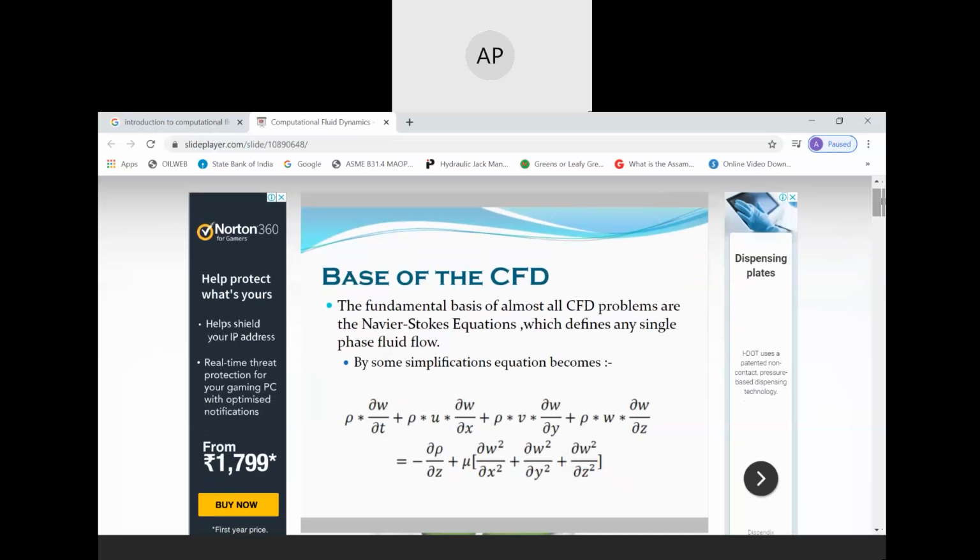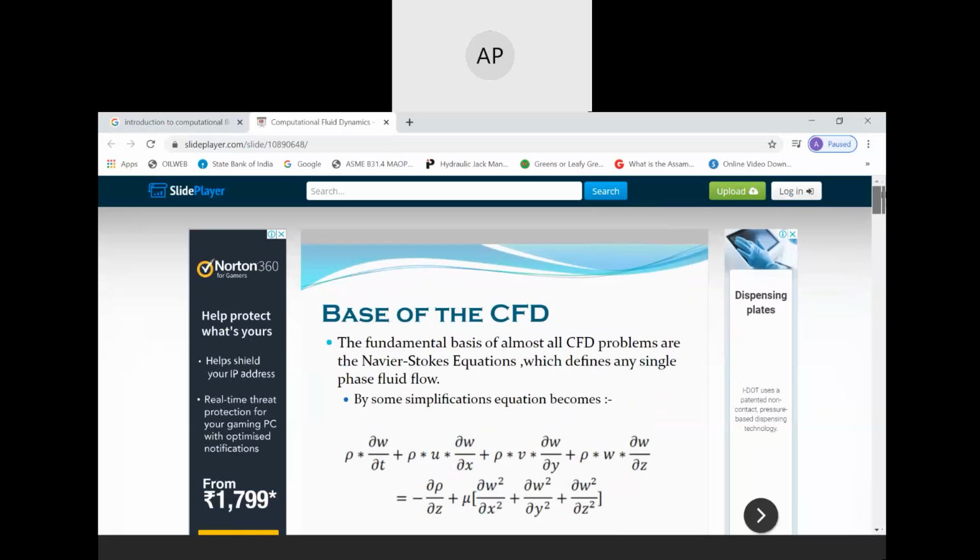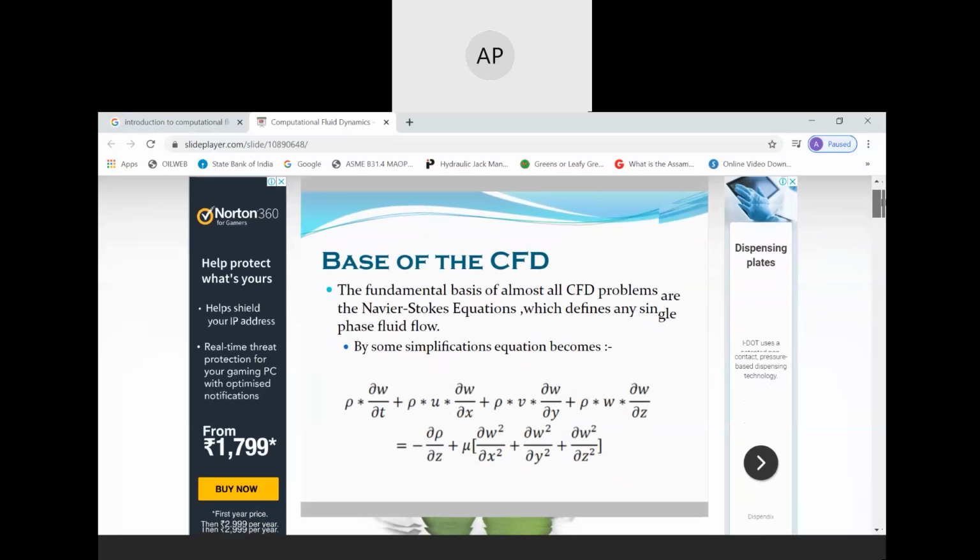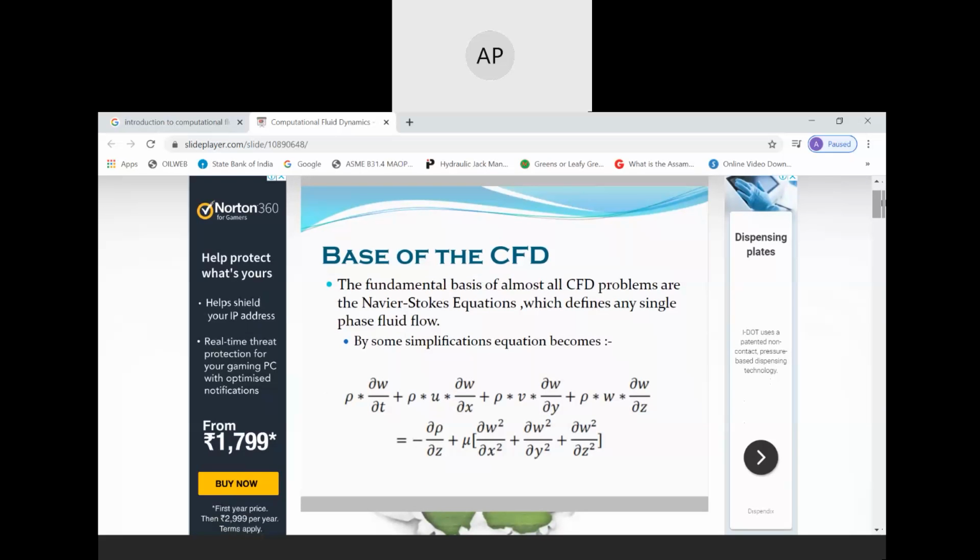I think all of you have seen this equation. The Navier-Stokes equation defines any single phase fluid flow, and after some simplification, we get this equation.